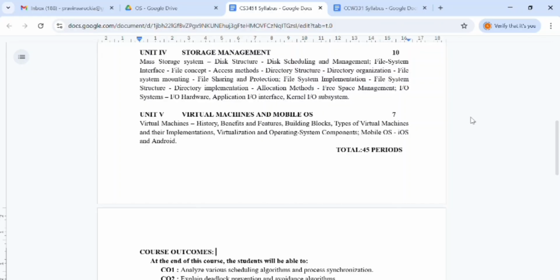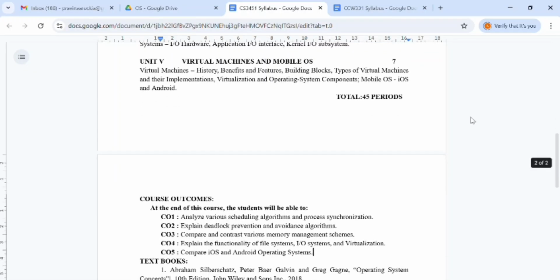Virtual machine means that even though the computer has less memory, we can utilize more than that by splitting the memory among the various programs, which is done by the concept of virtual machines. And virtualization in the operating system can be implemented not only for memory, but for all devices also.